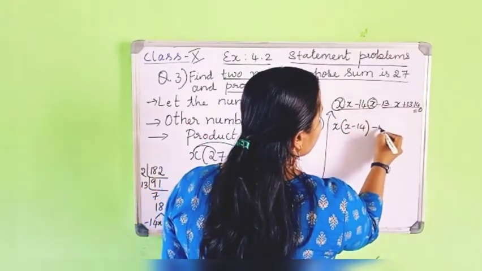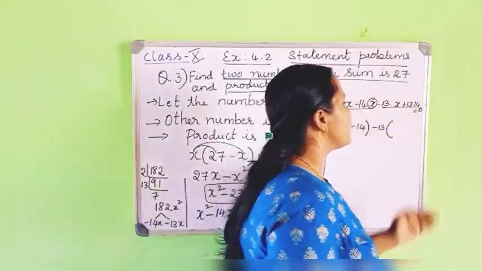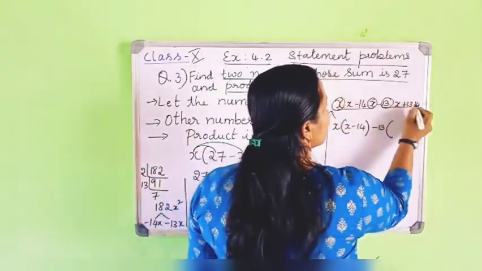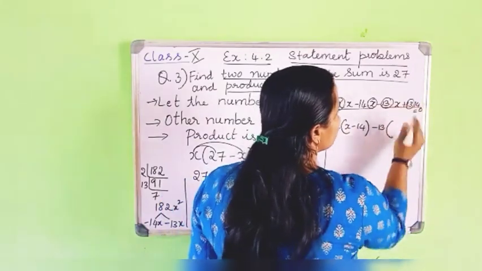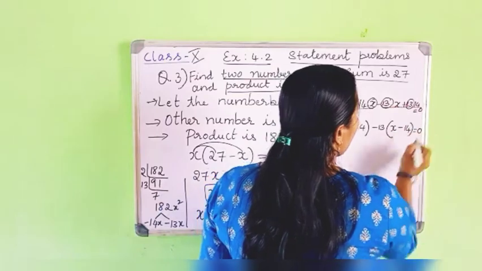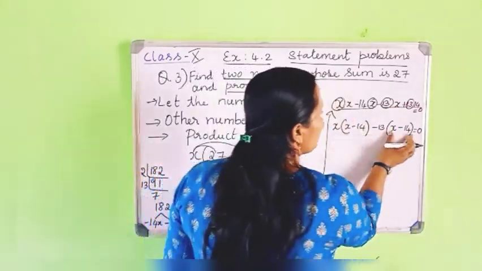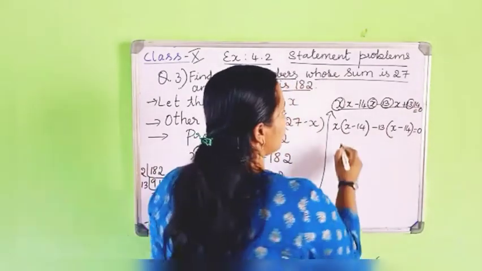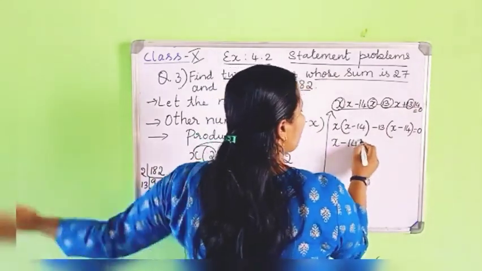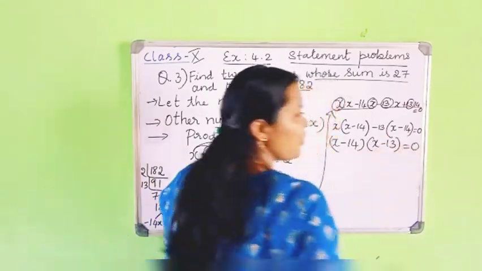You have to take minus common here. I told you, whenever you take out minus common, the inside sign becomes changed. So here 13 is common from these two terms, so therefore you can take out x minus 14 is equal to 0. I already told you, while writing steps you should be very careful. x minus 14 and x minus 14 should get common. So x minus 14 into x minus 13 is equal to 0.